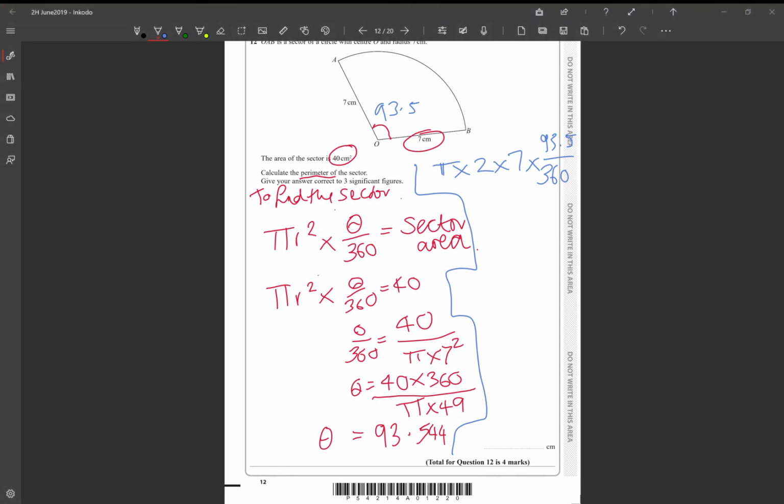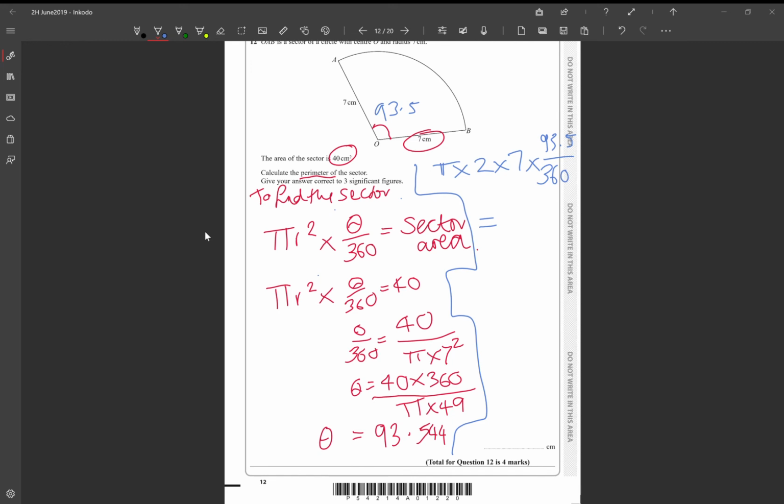If we just put that in our calculator, so clear that all up. 14 times pi, obviously I could have just done 2 times that, equals, and times that by 93.5 divide 360. Close that, equals. Oops, what happened there?